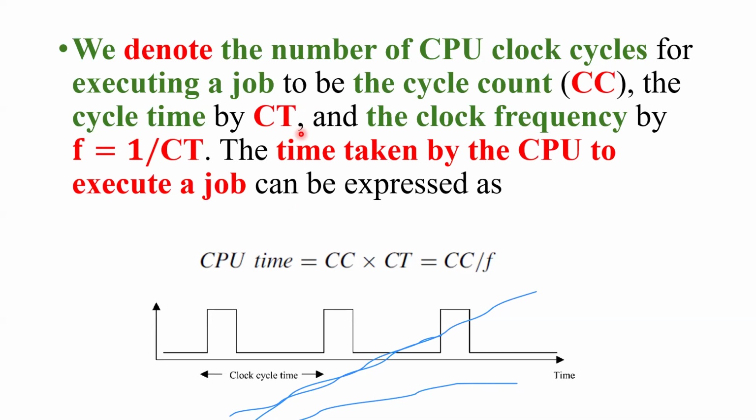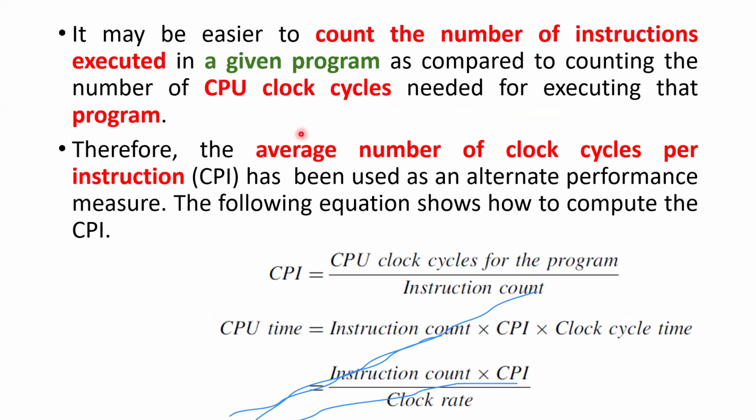Hence, we do not use CPU clock cycles for most comparisons, because it's very difficult to get them accurately. For me to say my CPU runs at a clock cycle of 2, yours runs at 3, hence mine is better, getting the information on CPU clock cycles is very hard.